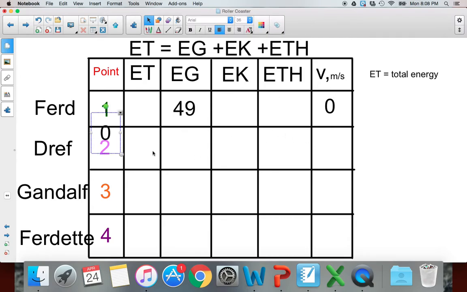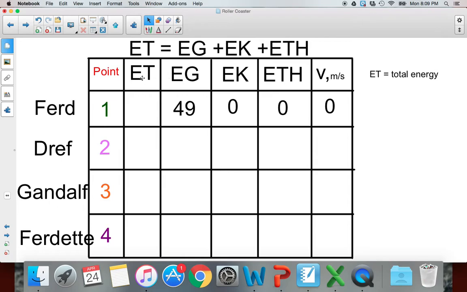So I can throw in a 0 for that point too. Okay, so this is Ferd's set of data. Ferd here, who's doing point number 1, I didn't write down units, but all these energies are in joules. So we know gravitational is 49, kinetic is 0 because there's no speed. We know you can't lose energy to friction before you move, so thermal energy's got to be 0. So we'll put that in there.